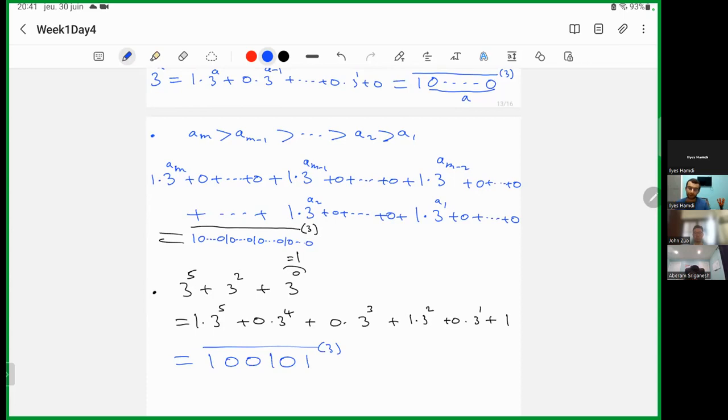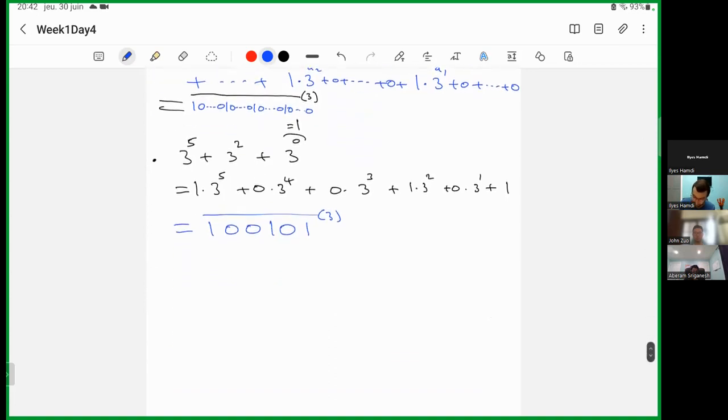So what's so special about those numbers in base 3? Can you guys say it? I mean, describe it. Anyone?